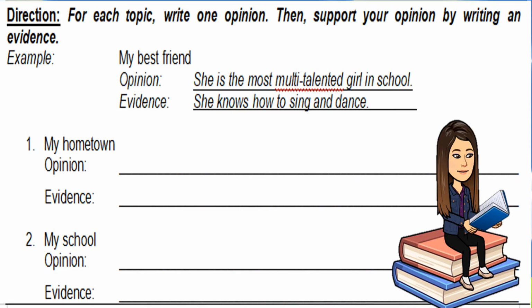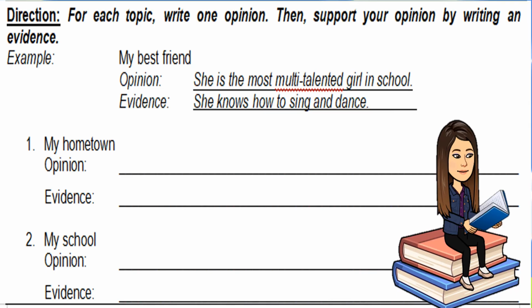Okay, so now, provided that you already finished with your work, let's try to answer this. Any of your answers are correct actually, okay? Make sure that your opinion and your evidence are connected with each other. For example, for number 1, my hometown.